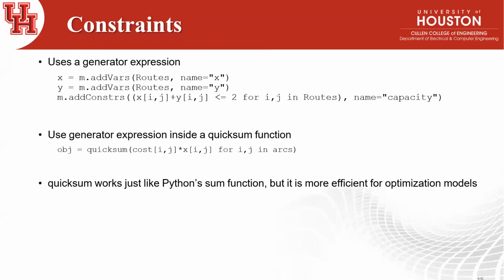And we also have the quicksum function. quicksum is very like the sum function in Python, and we can use it to add formulations or variables. For example, we set the objective function as the sum of the cost of each x.